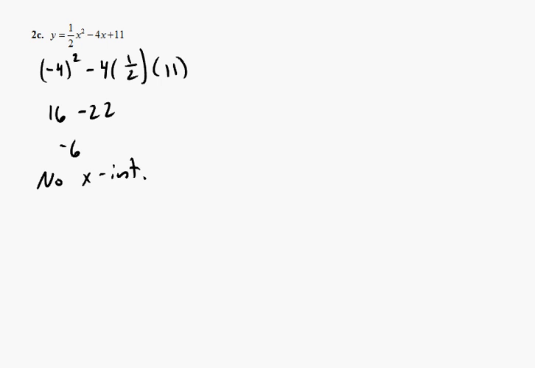Well, that makes it perhaps more of a challenge to graph. So, in order to graph this, we know it doesn't cross the x-axis, and we know that the parabola opens up. So it must look something like this. But perhaps the vertex is somewhere to the left of the y-axis, or perhaps it's somewhere to the right of the y-axis.